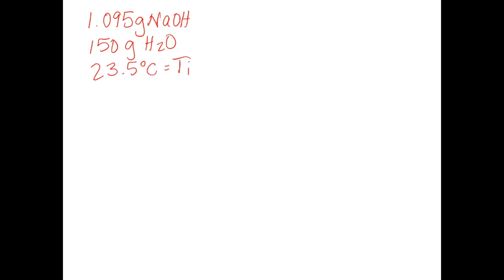I'm just going to write down all the stuff that it told me. So that's my NaOH. And I dissolve it in 150 grams of water. And my initial temperature is 23.5. And my final temperature is 25.32.